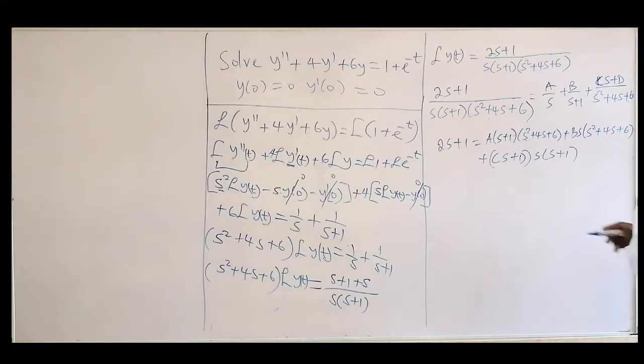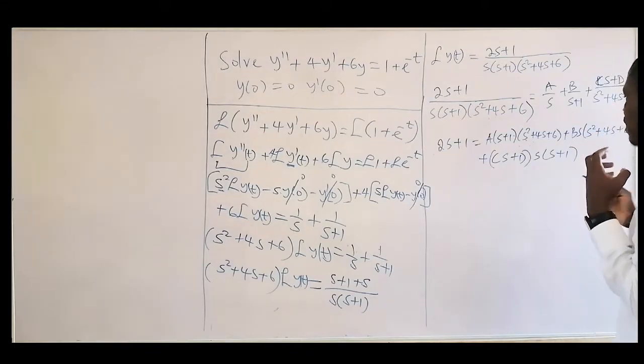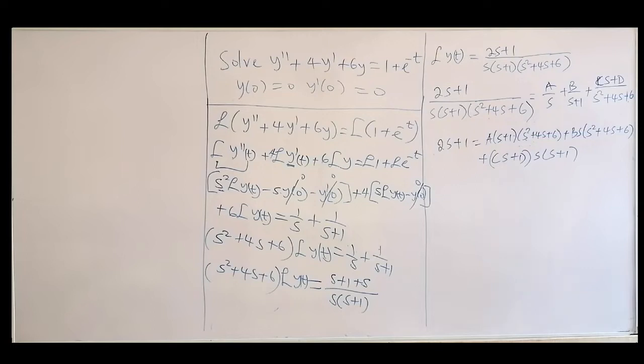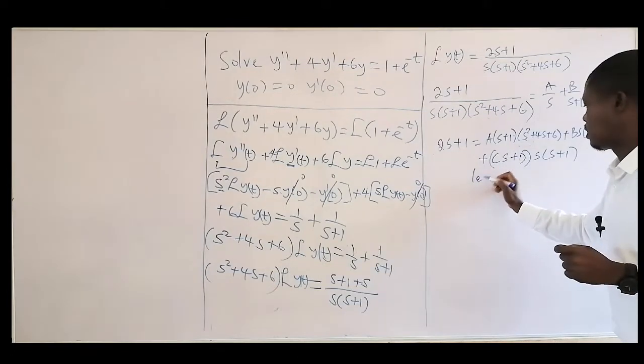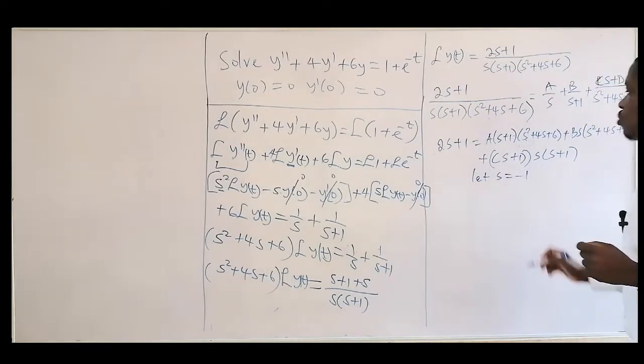The next thing to do now is to look for ways to find the variables. A, B, C, and D are constants that we want to find. What we can do is substitute for s values, whereby when we substitute, certain expressions will go and it will give us just one of the constants. So let s be equal to minus 1.